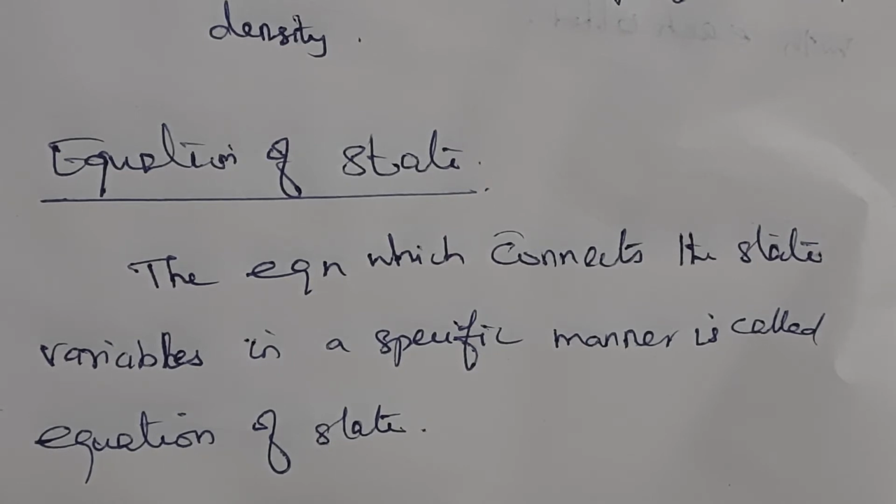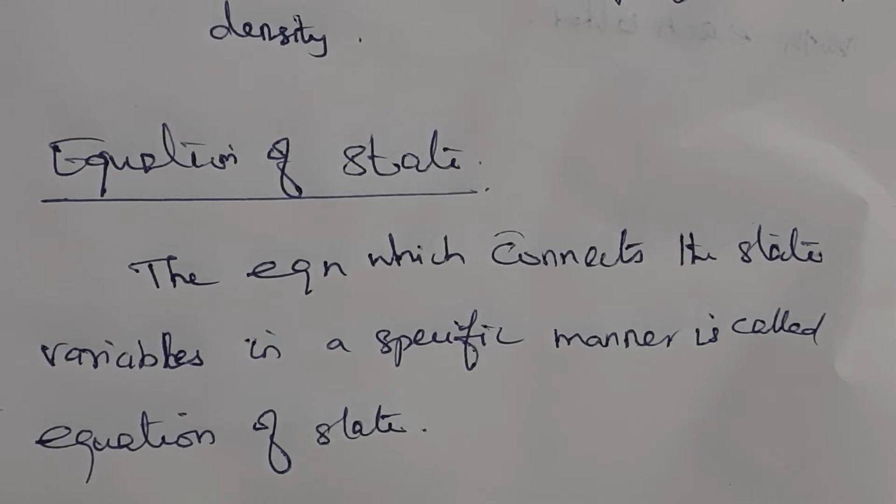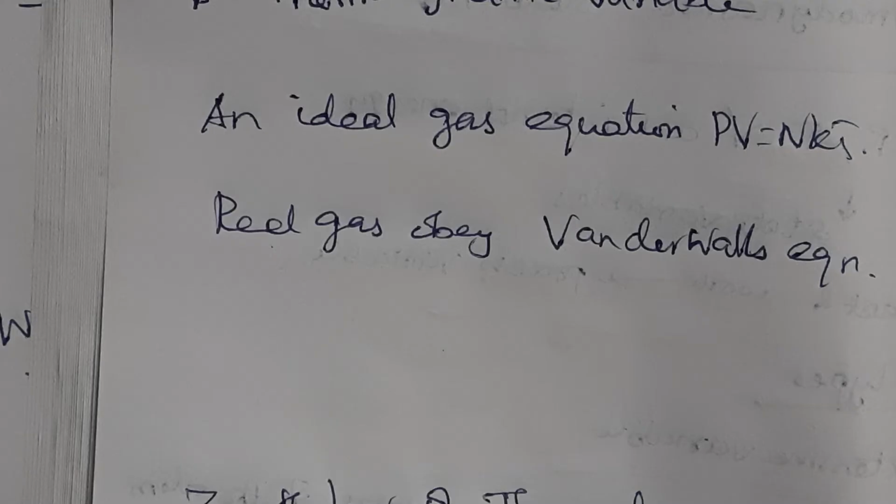Thermodynamic equilibrium is completely specified by the state variables through the equation of state. If the system is not in thermodynamic equilibrium, we cannot specify the state of the system. So when there is an equation of state, we should understand the concept of thermodynamic equilibrium.